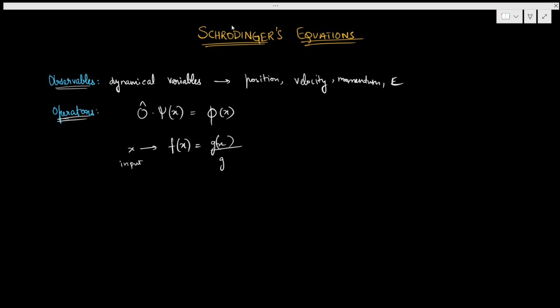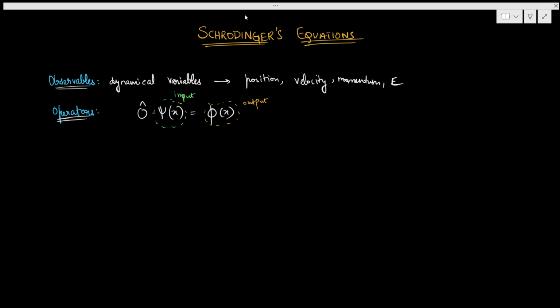It's a similar concept, but in this case, instead of taking a variable as an input, this function itself is your input for the operator, and it gives you some other function as an output. So that's all when it comes to an operator.